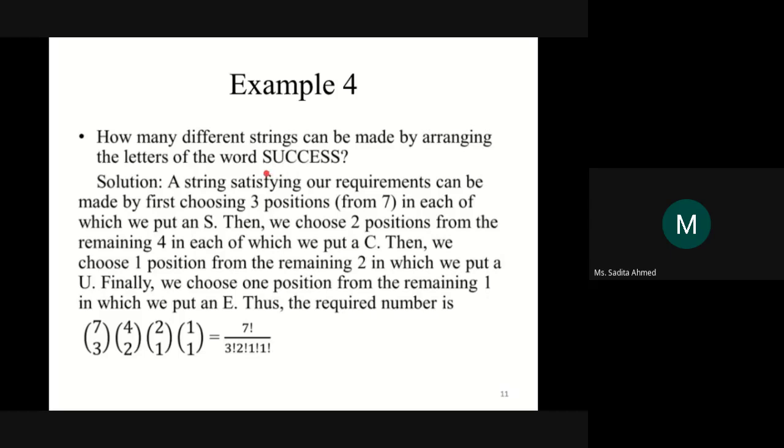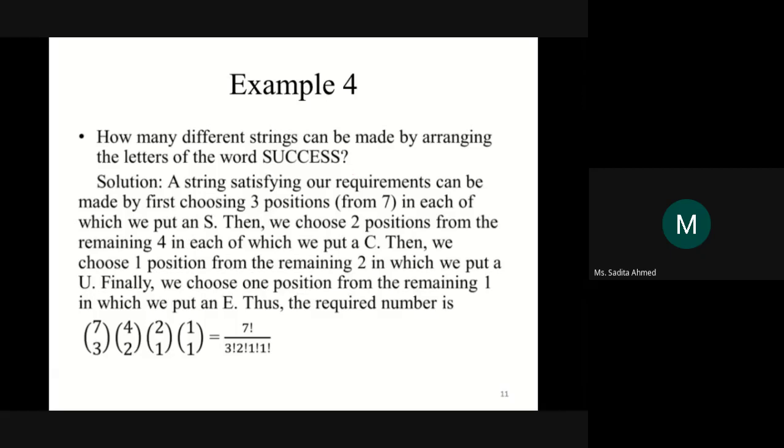S here is in what position? Position 1, position 6, position 7. There are 7 positions here, that is 7 letters, right? And S is here in 3 positions: position 1, position 6, position 7.